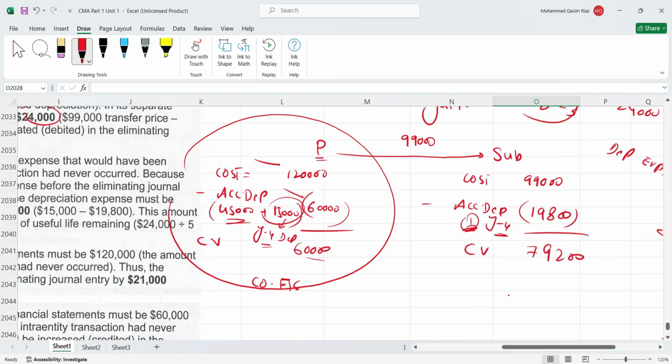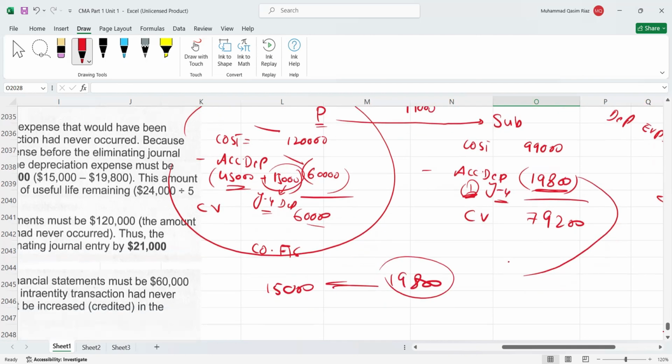But the subsidiary has shown depreciation of 19,800. So actually the depreciation which we should have recorded is 15,000. But the subsidiary has recorded 19,800. So the subsidiary has recorded 4,800 excess depreciation.